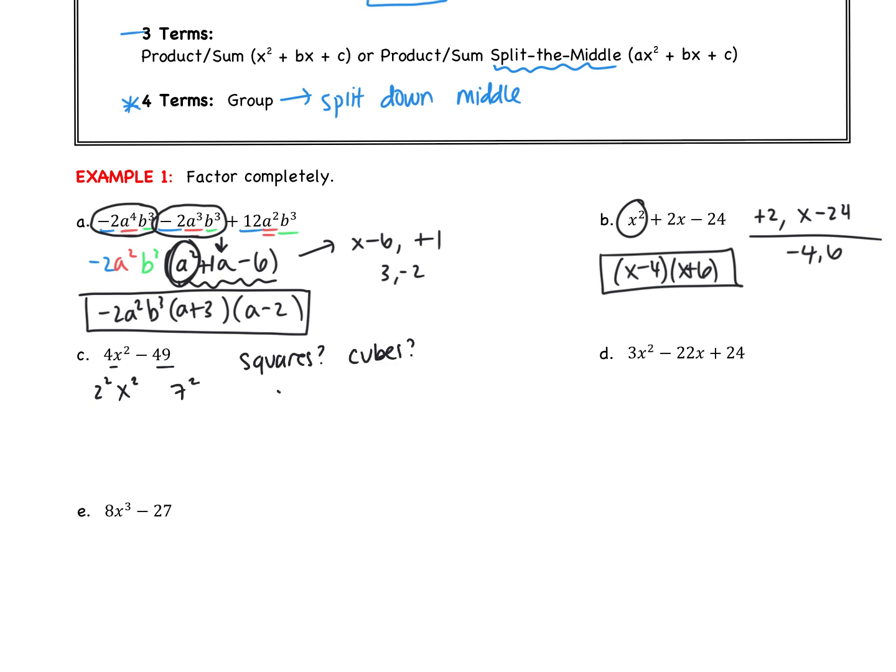So these are squares. Okay then. First goes 2x and 2x. Then goes 7 and 7. To get a negative 49, one was positive, one was negative.